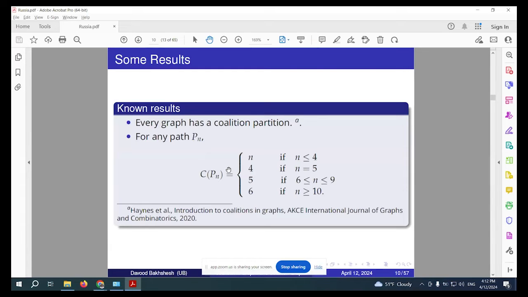For every path Pn, the coalition number is equal to n if n is less than or equal to 4, and if n is equal to 5, the coalition number is equal to 4. When n is between 6 and 9, the coalition number is 5, and for other values, the coalition number is 6.